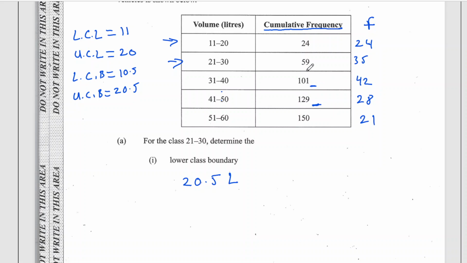So we have the 60th all the way to the 101st value between 31 to 40. So therefore, the 75.5 value will be between 31 to 40, right? Because 59 is 21 to 30. So 60, 61, 62, 63, all the way up to 101 will be 31 to 40. So therefore our median is 31 to 40.